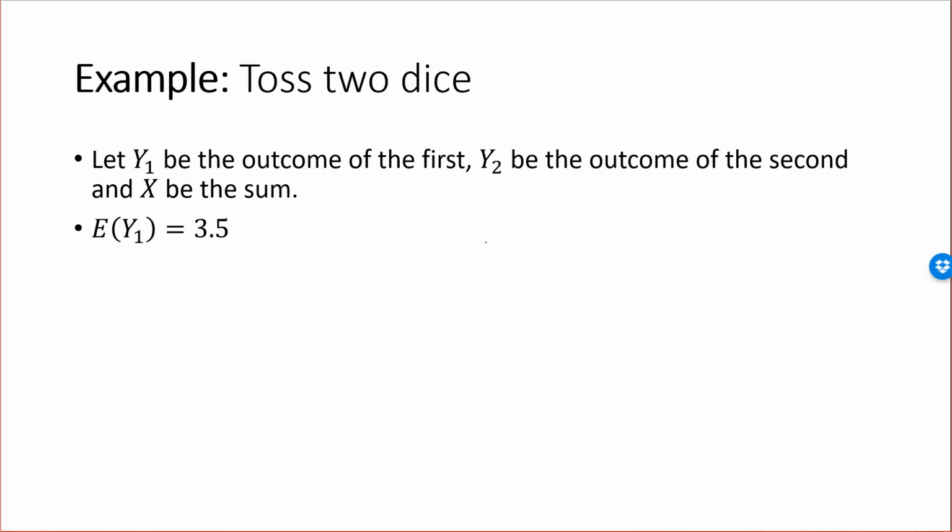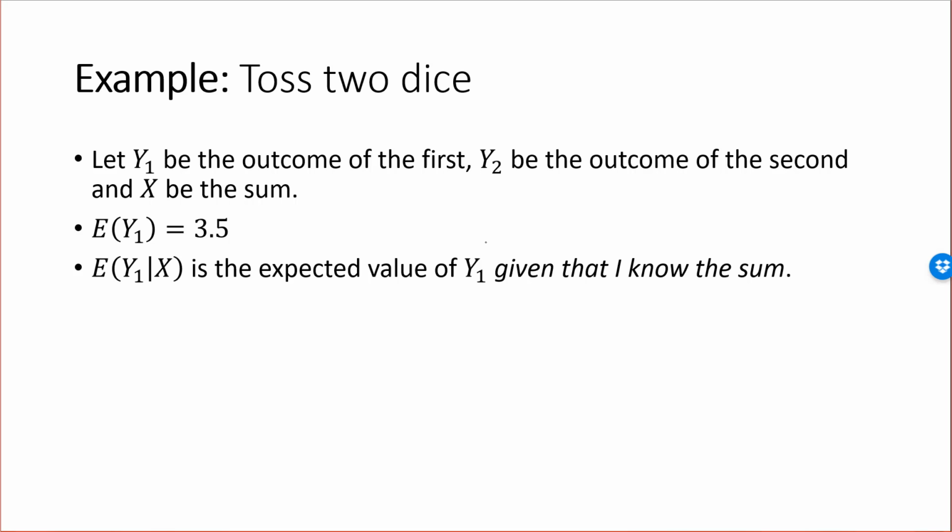If you don't tell me any information about the sum or anything like that, then that's my expected value. However, the expected value of y1 conditionally on x is an entirely different concept. That's the expected value of y1 if you know the value of x. And that's certainly going to change the expected value of y1.